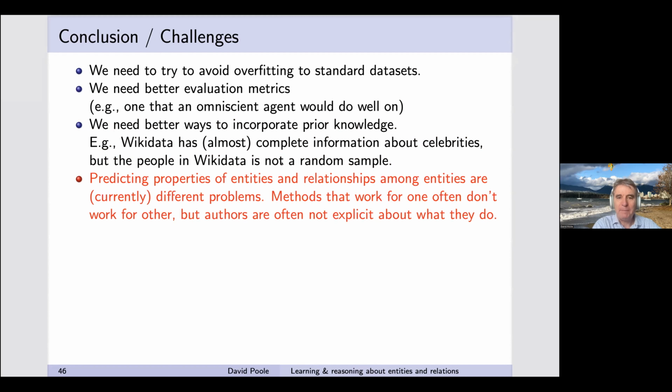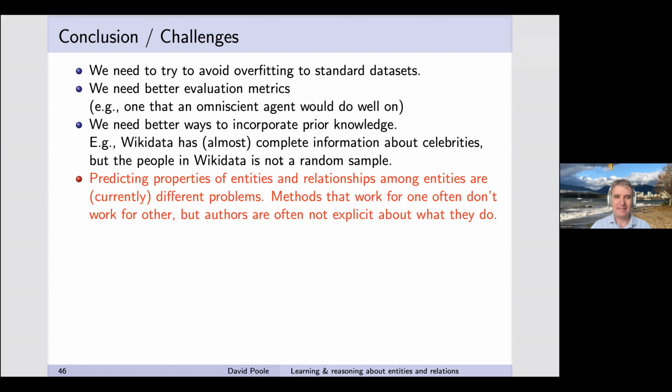If you want to predict the properties of entities and the relationships, they're actually different problems. So if we want to predict relations, we typically go into a lower dimensional representation, and we do that. And predicting properties of entities, we normally do something different. Methods that work for one often work for the other, but it's often not explicit in what you do. If you read one of these papers, you'll find out that they just say, here, I can do this better on this data set.